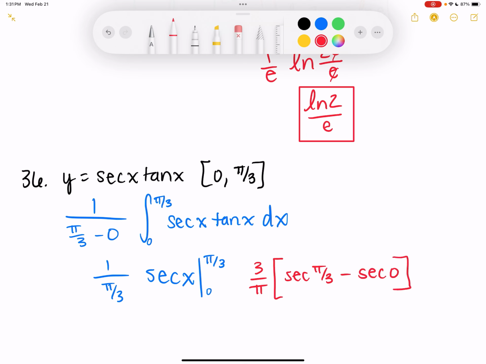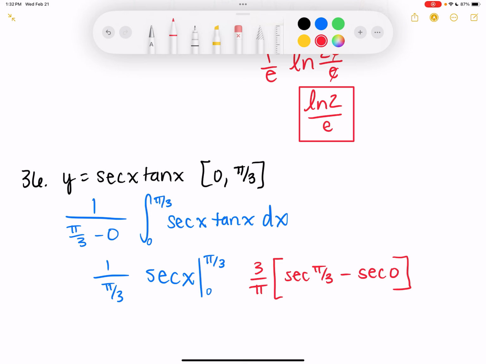What is the secant of pi over 3? Secant is 1 over cosine.